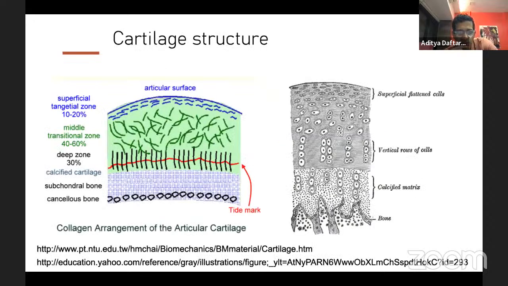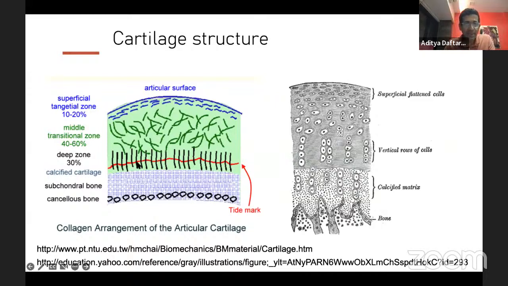Has it healed? What is happening to it? So in order to understand this, I think some of you will be familiar with normal cartilage structure. The key things over here are cartilage consists of well-ordered collagen at the articular surface. So it is collagen fibers that run parallel to the articular surface, which is the superficial or the tangential zone. And because the cartilage is really tightly bound here, there's very little water in between. And so this area appears extremely dark.